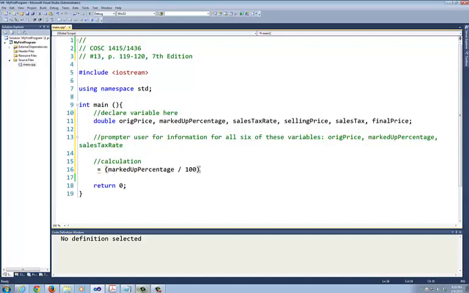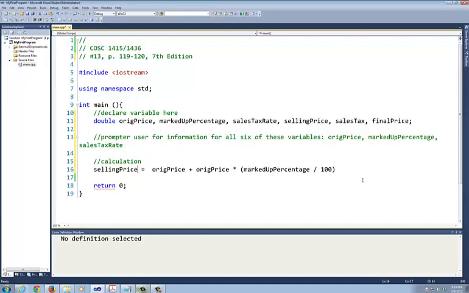Then I'm going to multiply that with the original price. This will give me that 50 cents of the water I was telling you about if I bought it for $1. But I still have to add it to the original price, and all that is equal to the selling price, which is this.